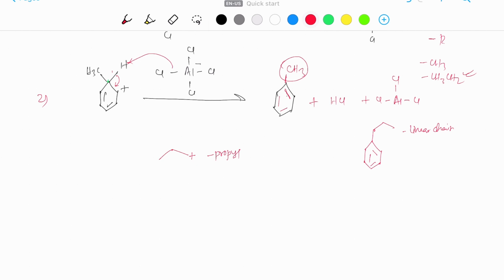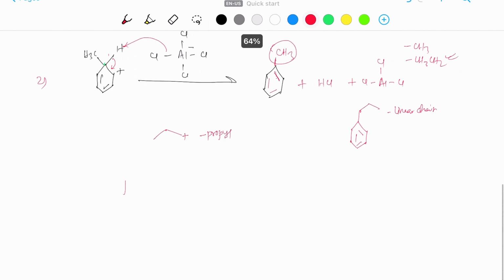So let's say we have a positive charge here, and you can react with the benzene ring. Then you say that, okay, we have this electrophile here. Now we will just form our propyl benzene.